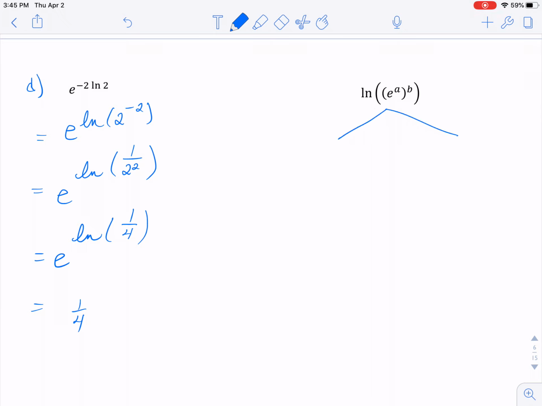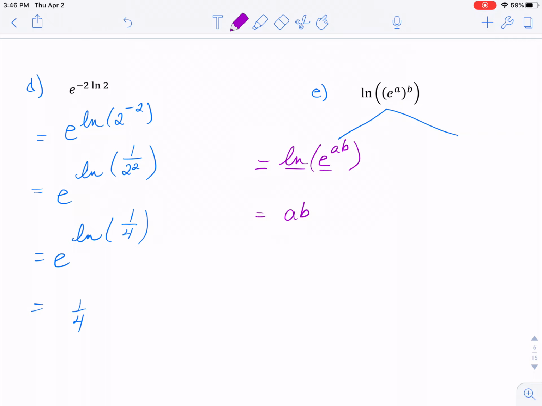I actually have 2 different ways to do letter E. I see this as a power to a power, and the last time I checked, power to a power is going to be e to the a times b. Now, again, same base. So since the bases are the same, my answer is the exponent, which is a times b. There's one way to look at it.